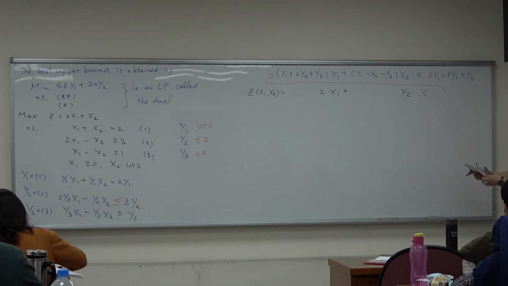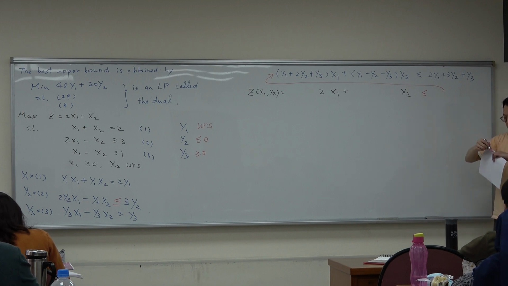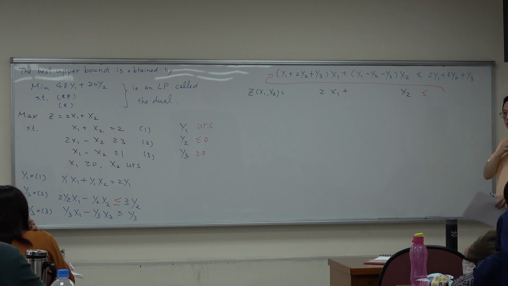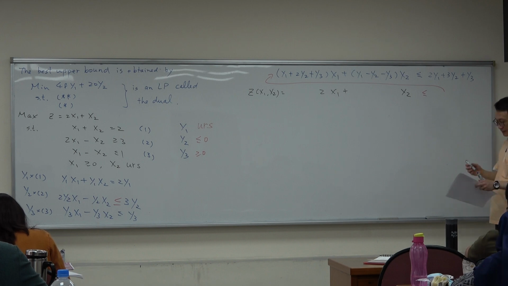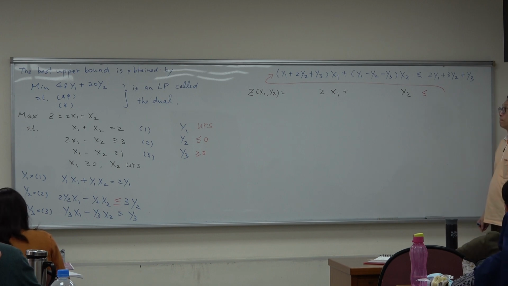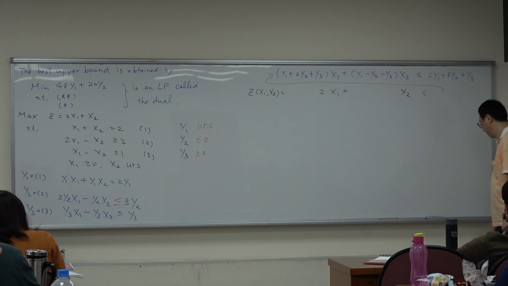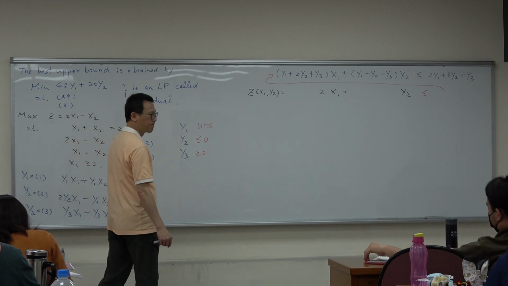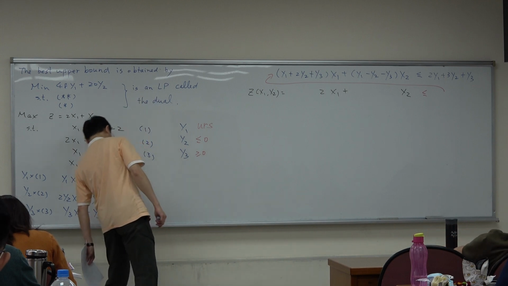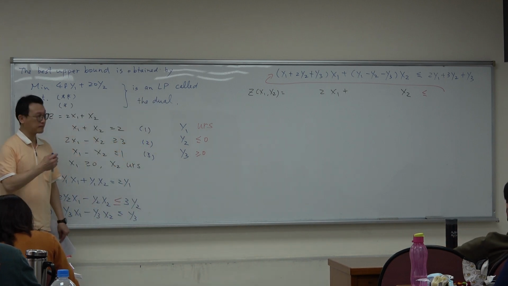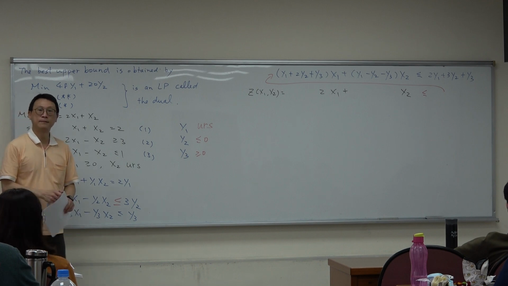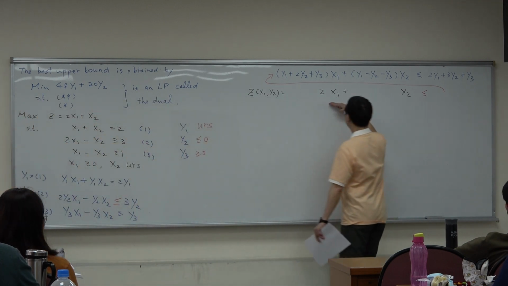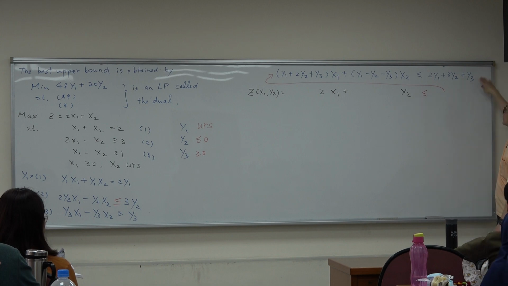So how can I guarantee we can construct this relation? What can I guarantee? This black one will be less than or equal to this one.